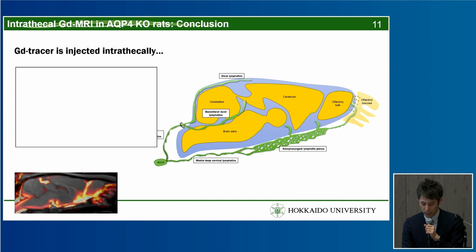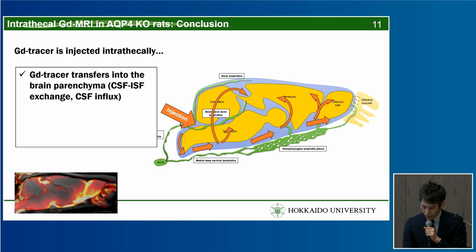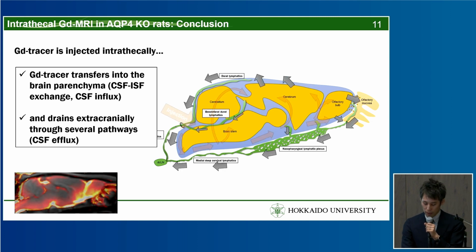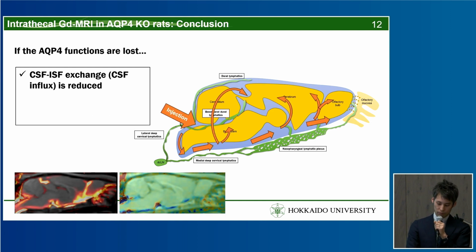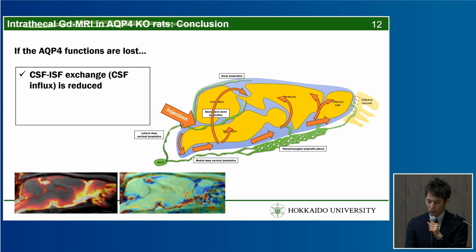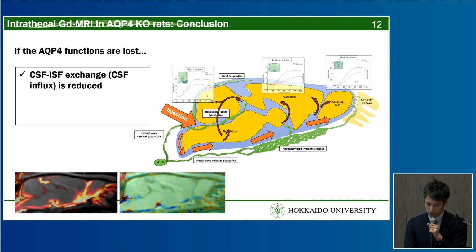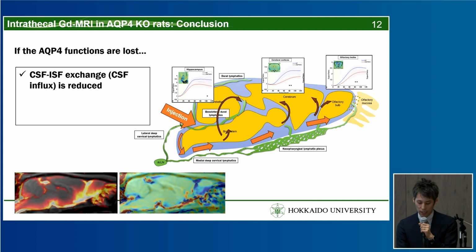This slide summarizes the result. Intracisternal tracer MRI shows tracer translocation from the CSF to the brain parenchyma, which then drains extracranially through several pathways. If the AQP4 function is lost, the tracer translocation to the brain parenchyma is decreased, suggesting reduced CSF-ISF exchange.